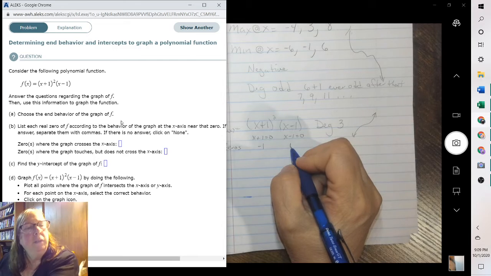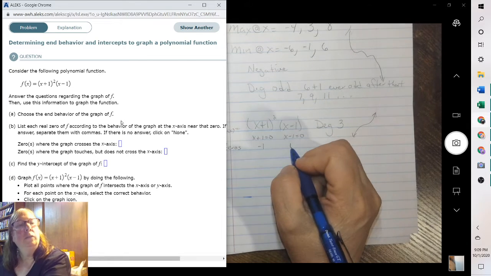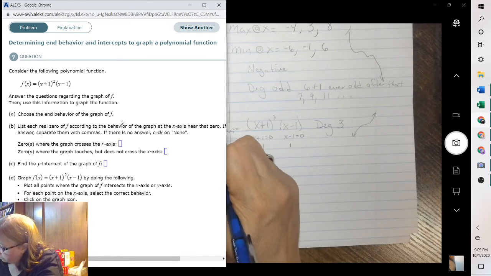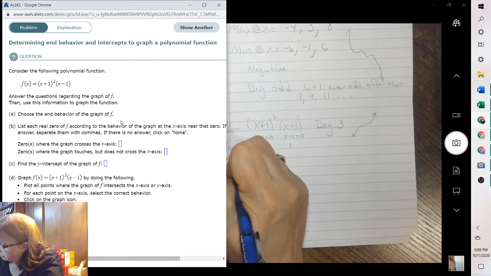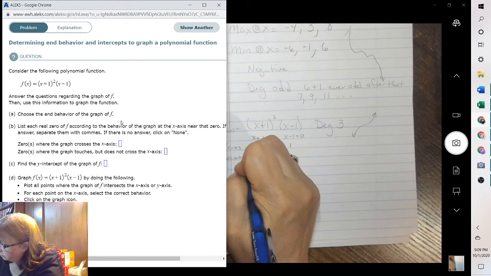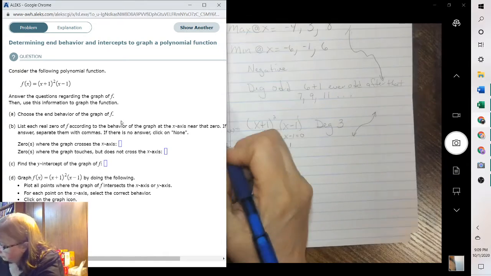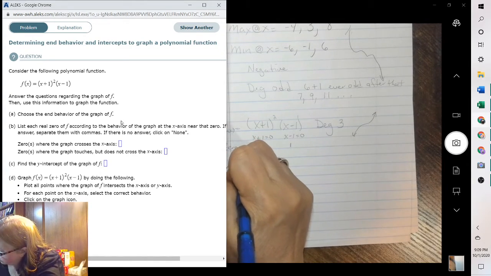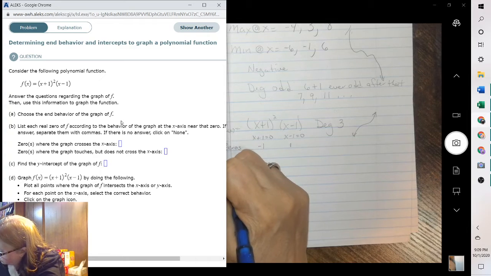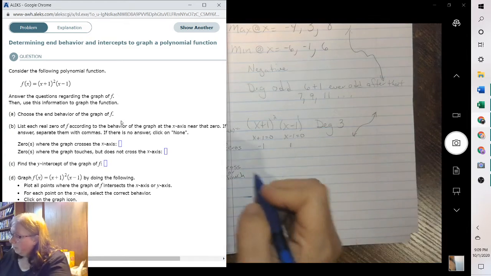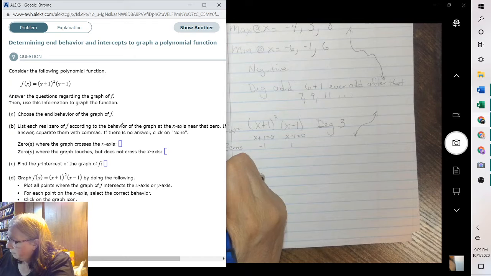Now, it's also asking if it crosses or touches. It crosses if the multiplicity is odd.